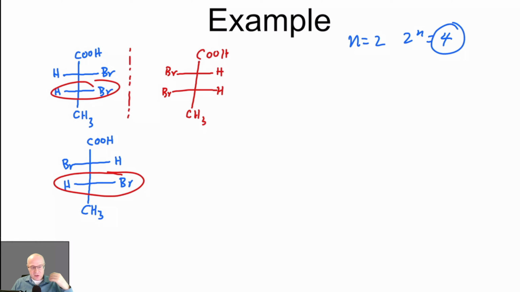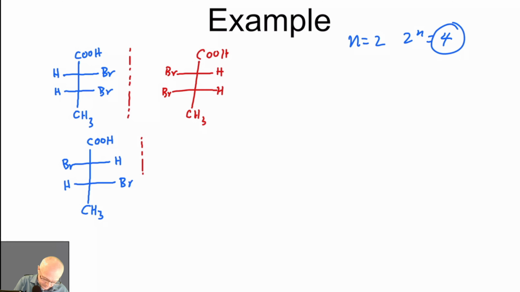Remember, don't start changing 2 or 3 chiral centers at once. Only change one at a time. So now, let's draw the mirror image of this one. And there we go.